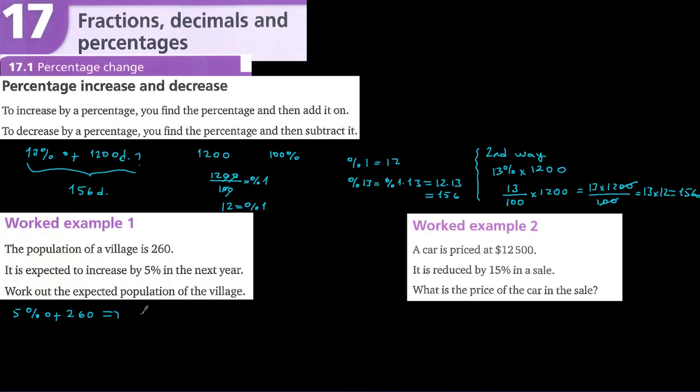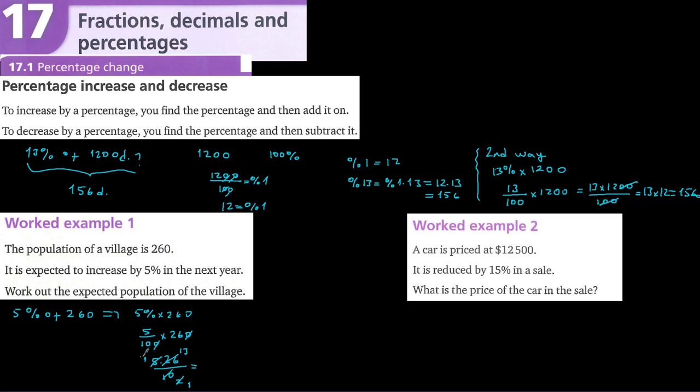I'm going to multiply 5% times 260, which is equal to 5 over 100 times 260. If you simplify this to 5 times 26 divided by 10, and 5 and 10 simplify to 1 and 2, then 2 and 26 simplify to 1 and 13.